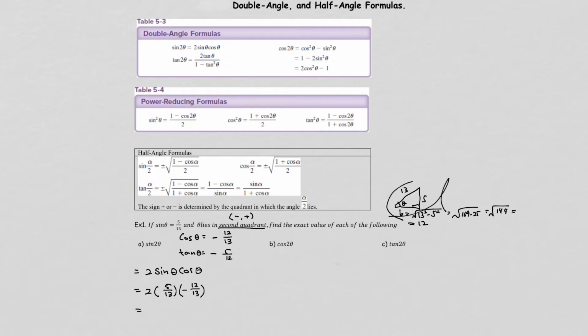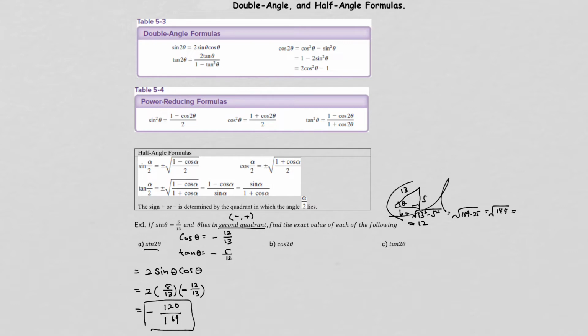This gives you one negative. And when you multiply all these numbers, that makes it 120. 13 times 13 will be 169. So this value will be sine 2 theta.